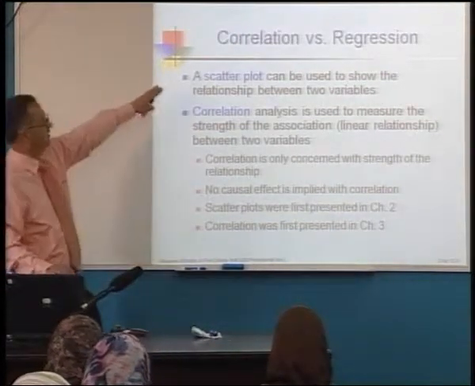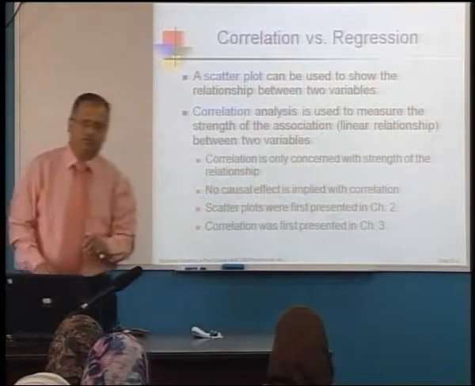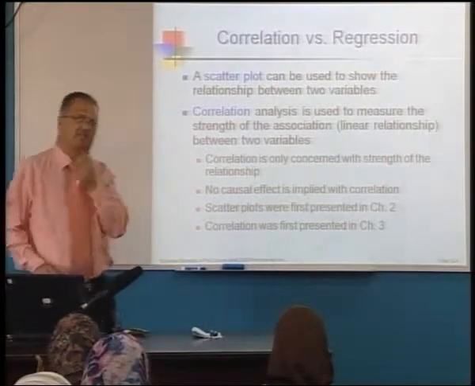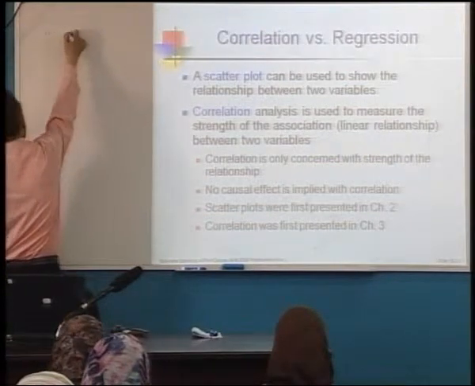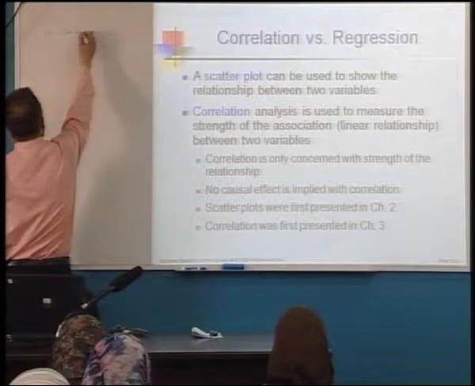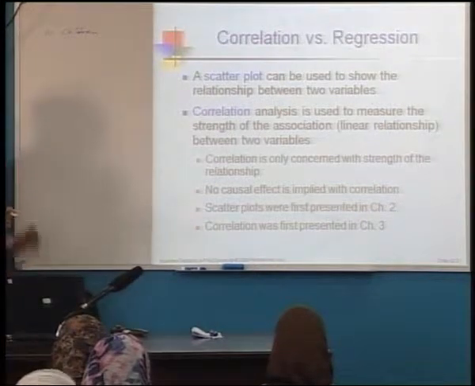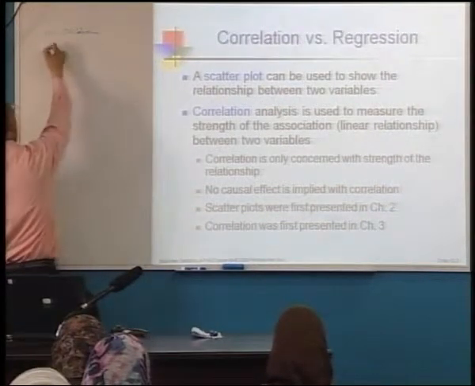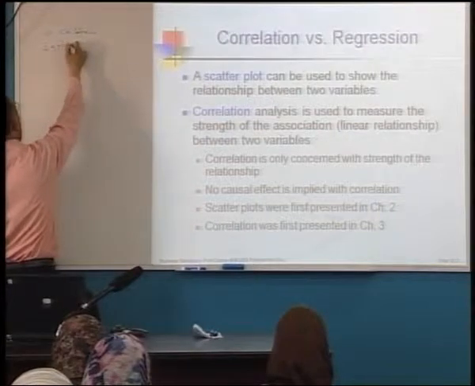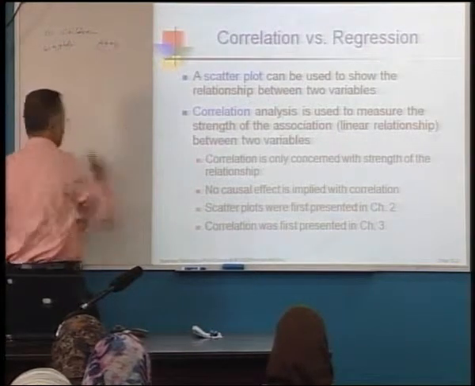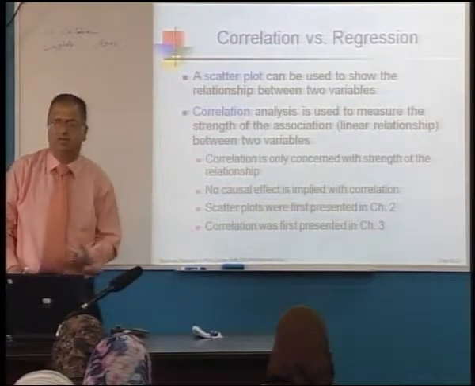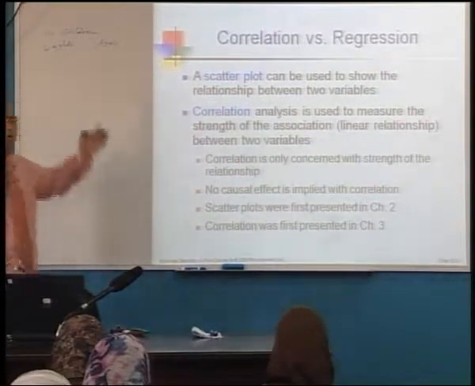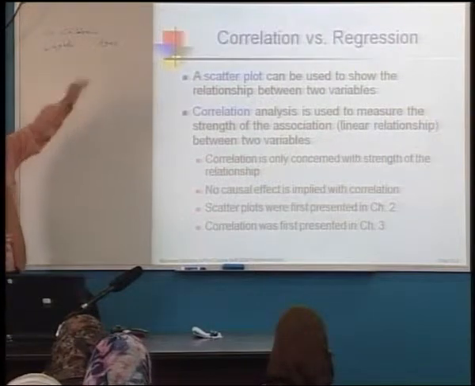A scatter plot can be used to show the relationship between 2 variables. For example, imagine that we have a random sample of 10 children, and we have data on their weights and ages. And we are interested to examine the relationship between weights and age.